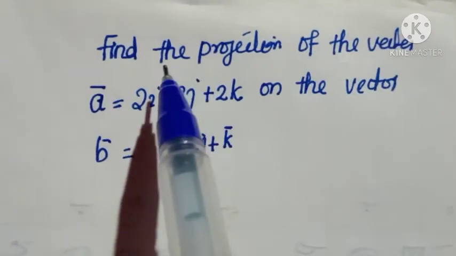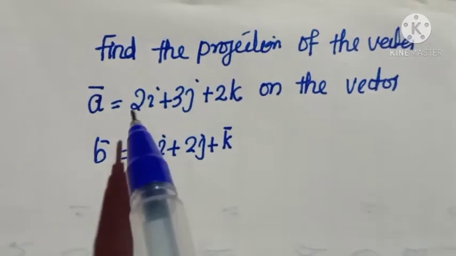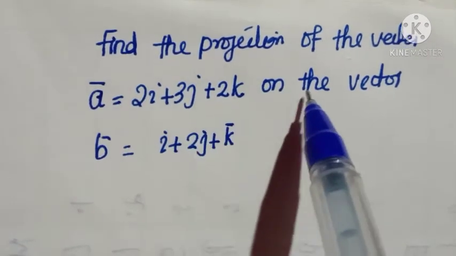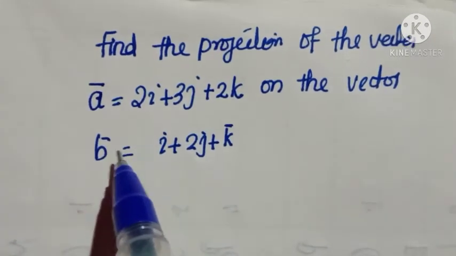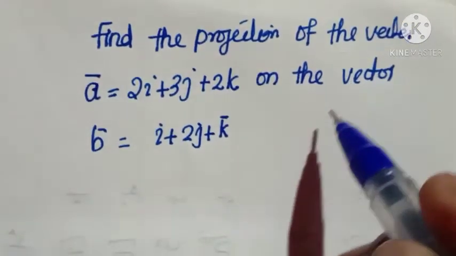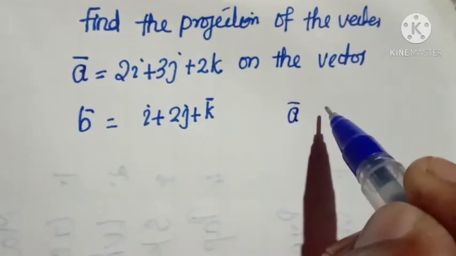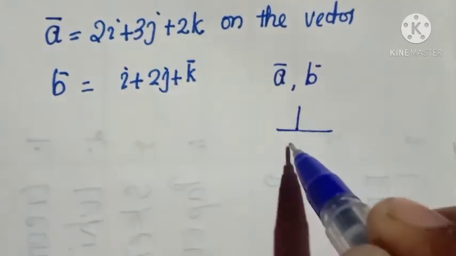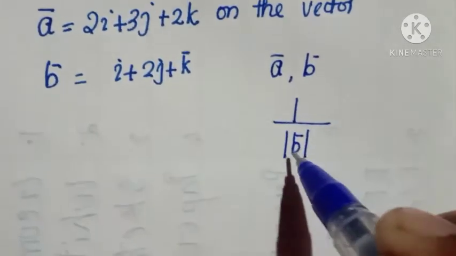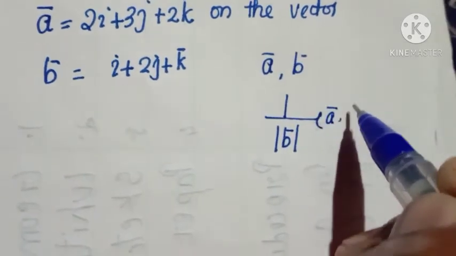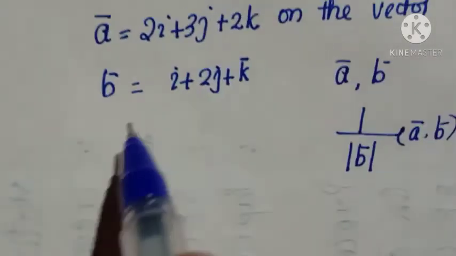See this question. Find the projection of the vector A equal to 2i plus 3j plus 2k on the vector B equal to i plus 2j plus k. Okay. So the projection of vector A on vector B is defined as 1 by magnitude of the second vector, that is vector B, into A dot B. This is the formula.